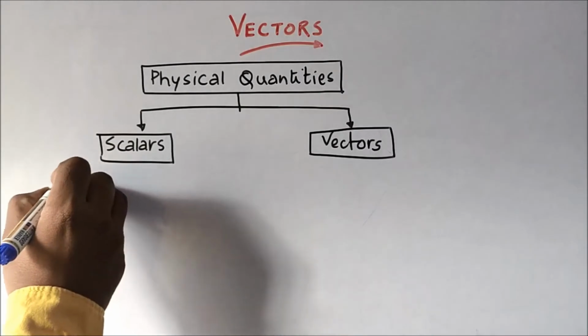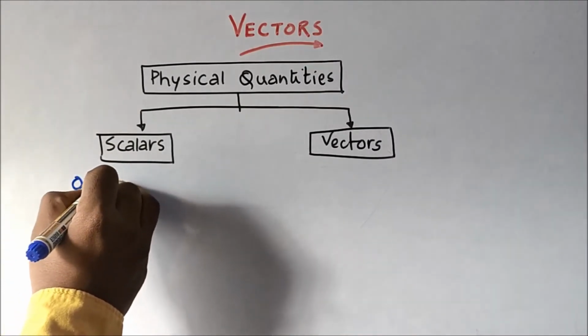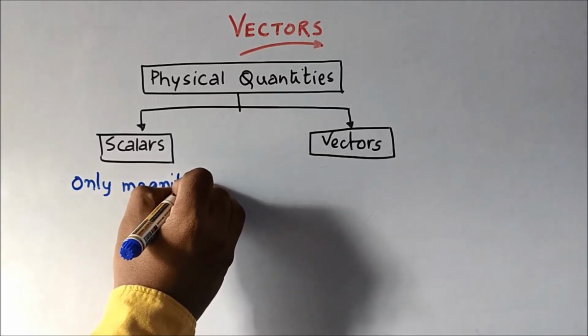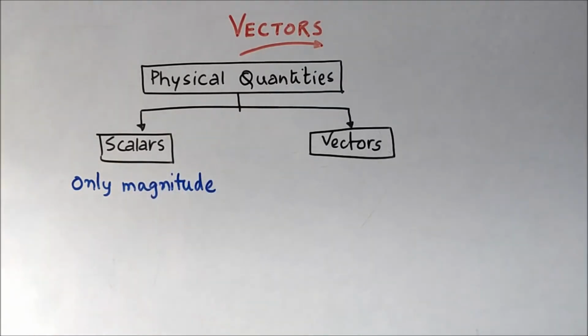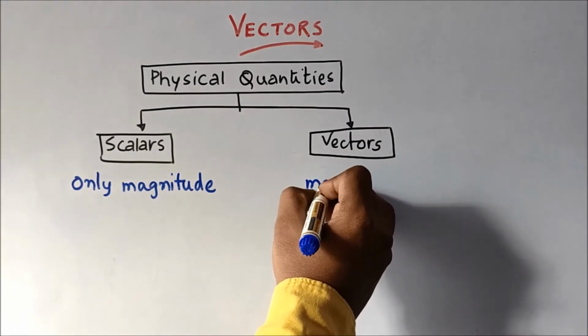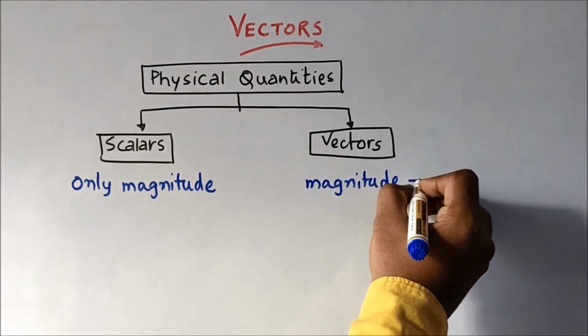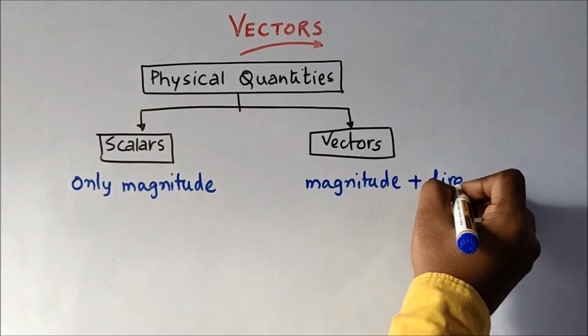Scalars are those quantities which have only magnitude, whereas vectors have magnitude plus direction.